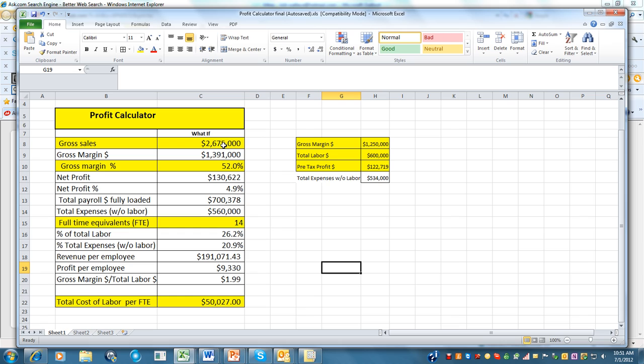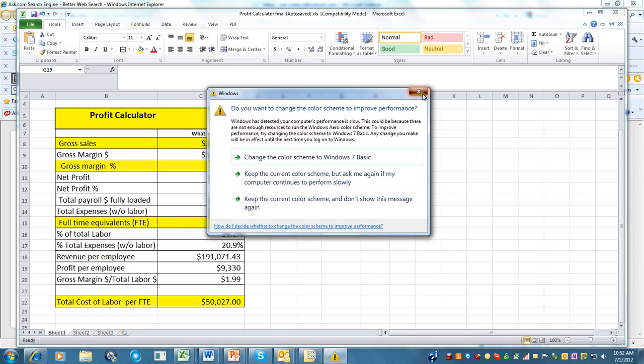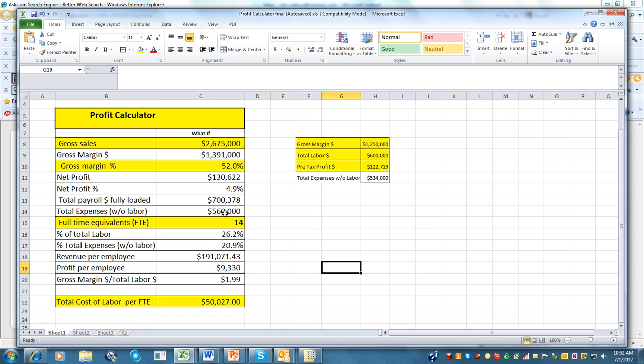So first step is to take your last 12 months, put in your gross sales, put in your gross margin percentage, put in your net profit and profit percentage. Take your fully loaded payroll, all the money you're spending on payroll, anything that has to do with payroll, throw it into this row. Then what's left over of your expenses will go into this row, total expenses without labor.